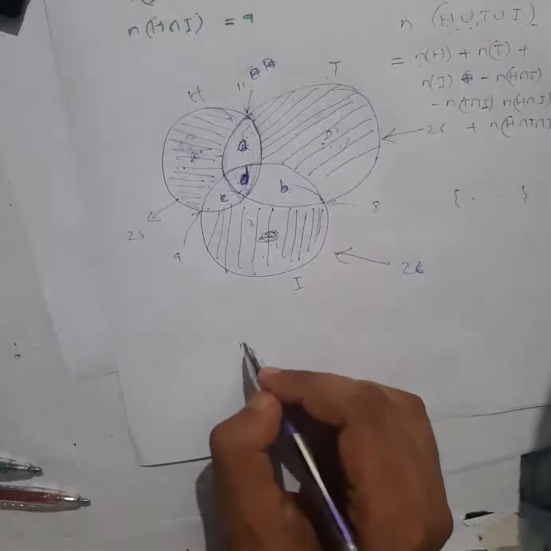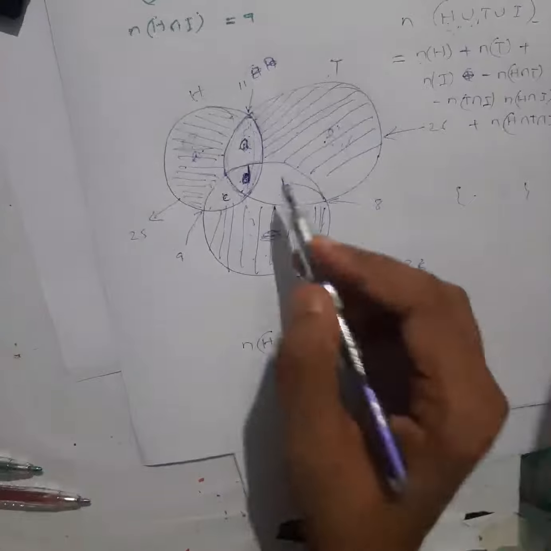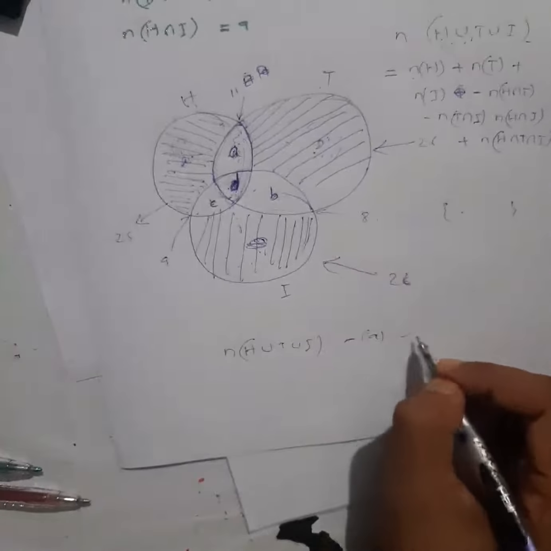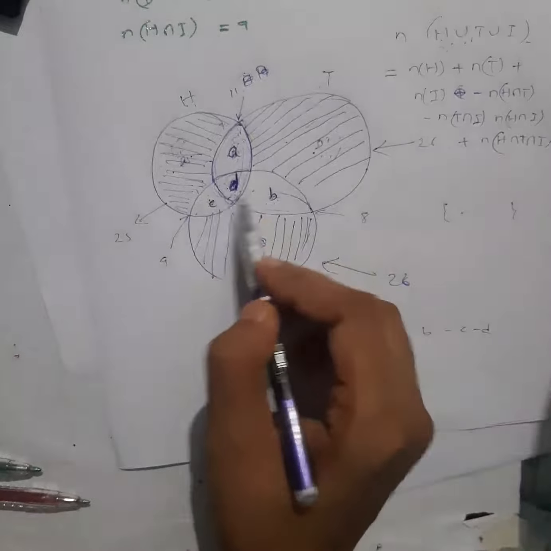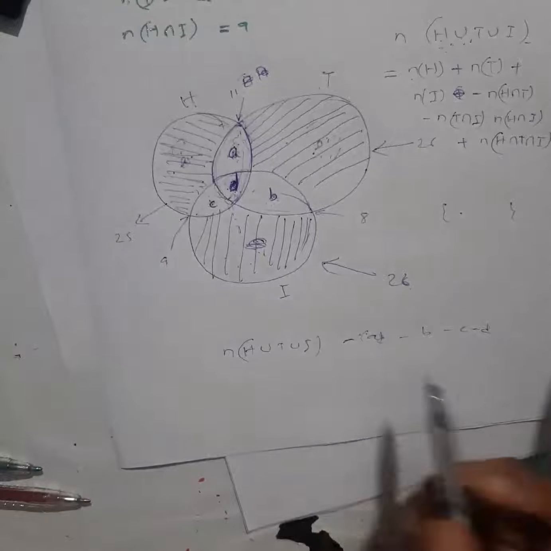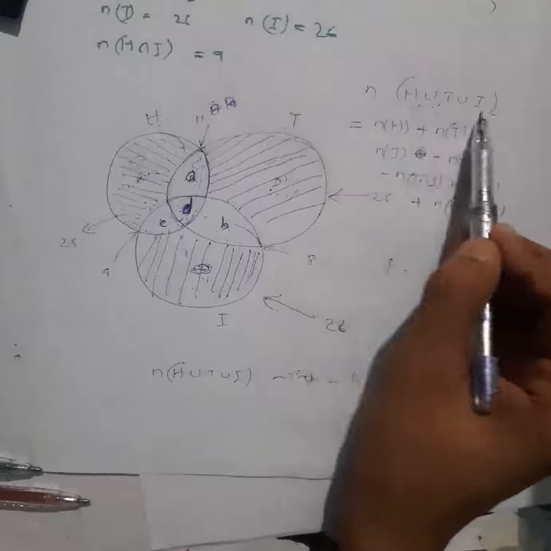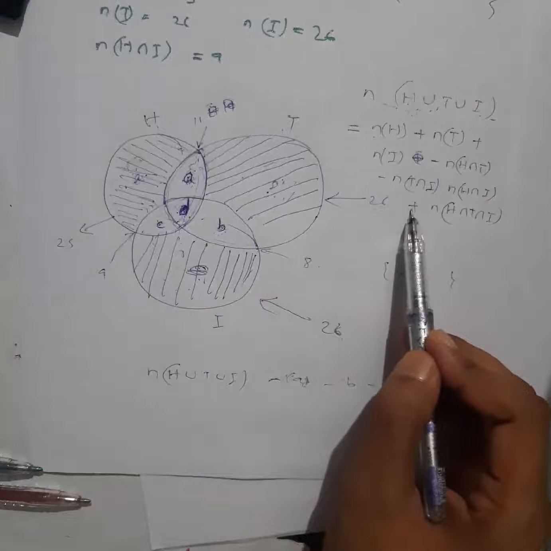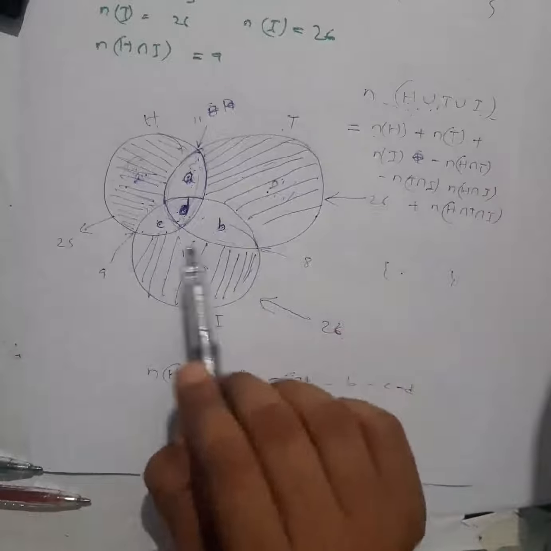This region will be H union T union I minus this A minus B minus C minus D. Means this region we will subtract. So for this we are not making any property, right? We simply find from the Venn diagram. And this also you don't have to memorize. From here only you can find this. Okay, from the Venn diagram. I have already explained this one in the property.